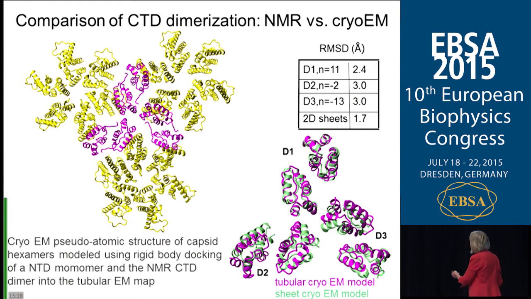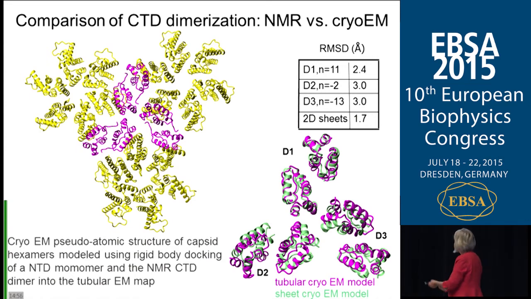So we did not have to take the solution CTD apart to fit it into the helical assembled structure. And that means that it's very likely that the CTD is in the conical capsid the same way as we saw it in solution. And it makes sense.